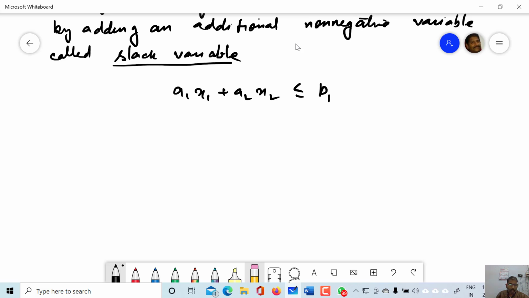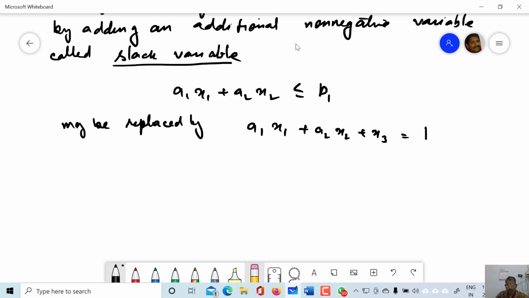It can be replaced by a1 x1 plus a2 x2 plus x3 equal to p1. Okay, and this variable is called the slack variable.